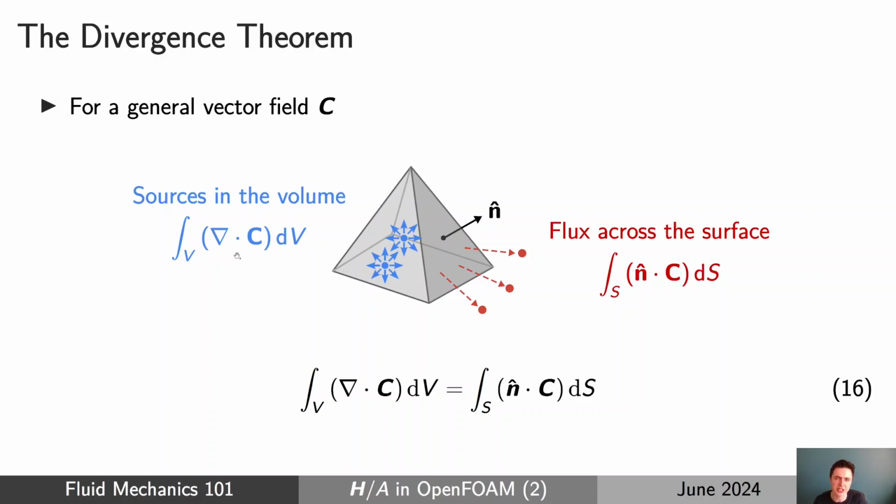And what does the divergence of the vector field C physically represent? Well, as a vector field, we have a magnitude and a direction, and if we take an infinitesimal point, the divergence physically represents the net outflow of that vector C from a given location. So I show it as a series of arrows emanating from a given point. If the divergence was greater than 0, more of the arrows would be pointing outwards than they are pointing inwards.